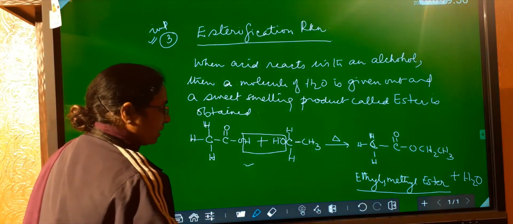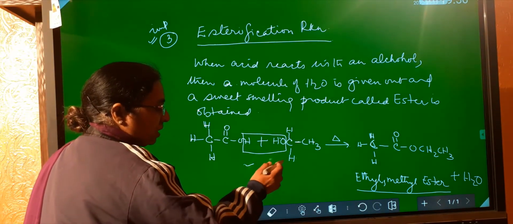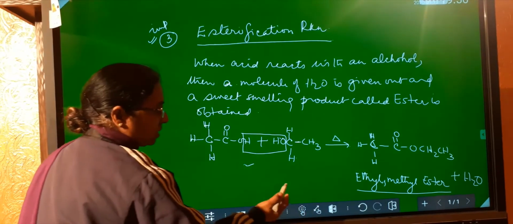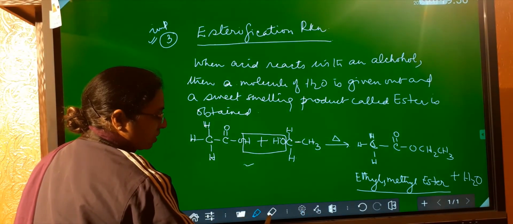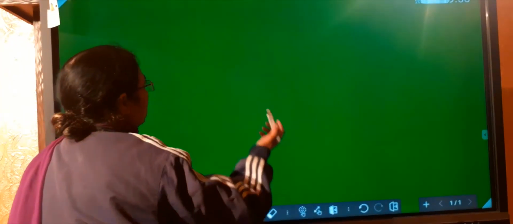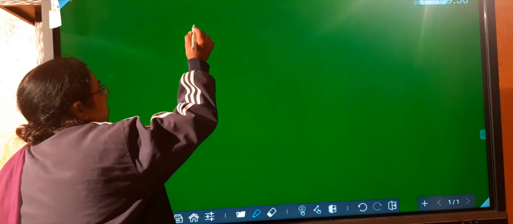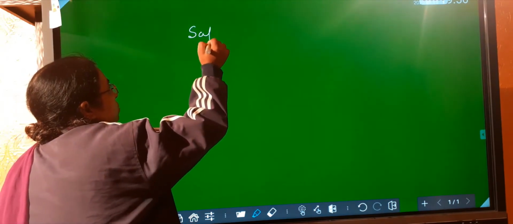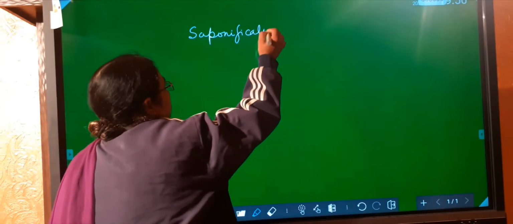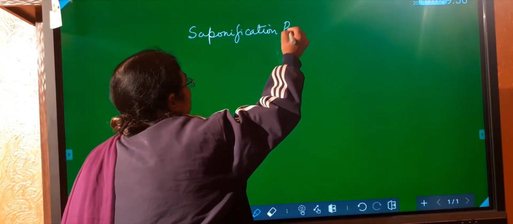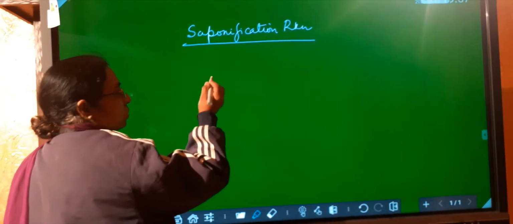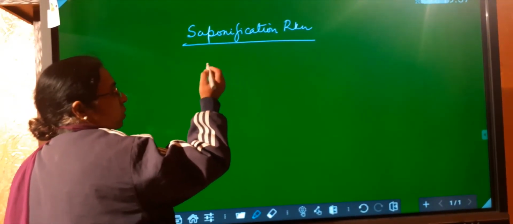Now see, how can this ethanol be regenerated from this ester? Let's see. Another reaction I will write is known as saponification reaction. This is also important. So in this saponification reaction, what happens?